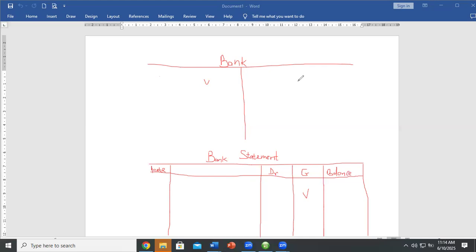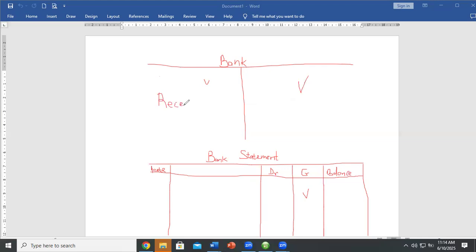And then whatever you credit in your cash book, which is whatever you pay, the bank will do what? Debit you. So it's actually the opposite of what you do in your cash book. When you debit, the bank credits. When you credit, the bank what? Debits. If I want to use the receipts and payments, you remember that we debit receipts. When we receive a check, we debit it.